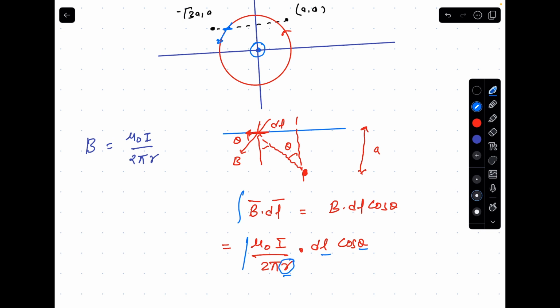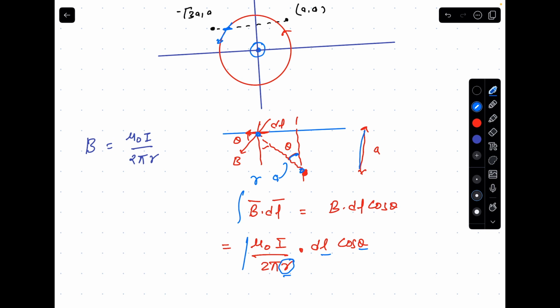Look, this is r, this is angle theta, and this is a. Let me rewrite it. This is our r, this is a.